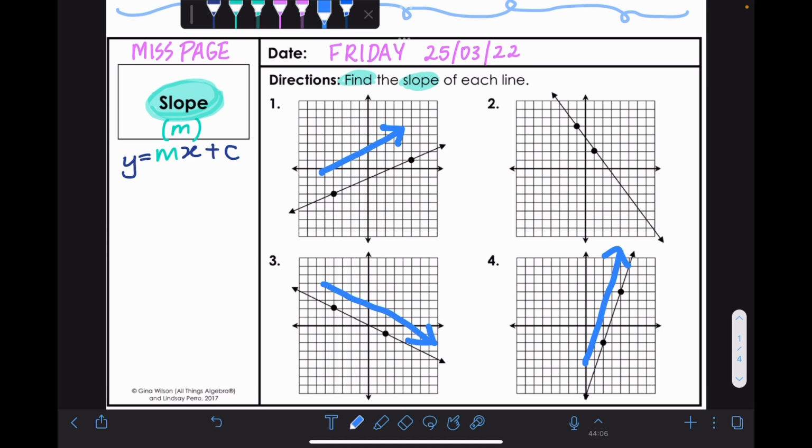Knowing exactly what our m value is, whether m is positive, if m is greater than 0, we know it's going upwards. If m is less than 0, so if it's a negative number, we know it's going downwards.